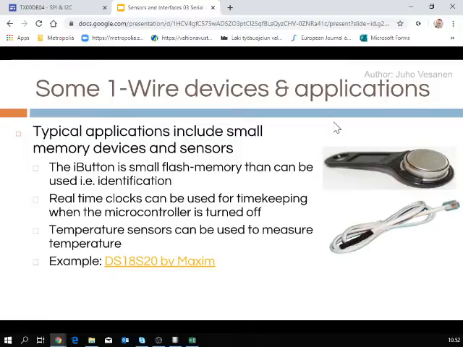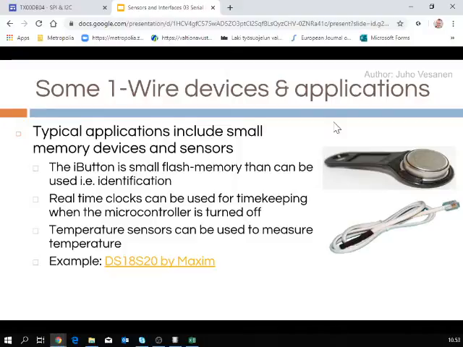Then some real-time clocks, because they usually have either their own power source or a battery inside. But anyways, they have very low power consumption, and the real-time clock does not need to be accessed so often.